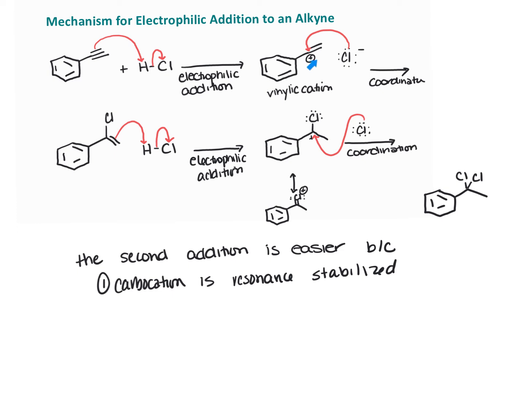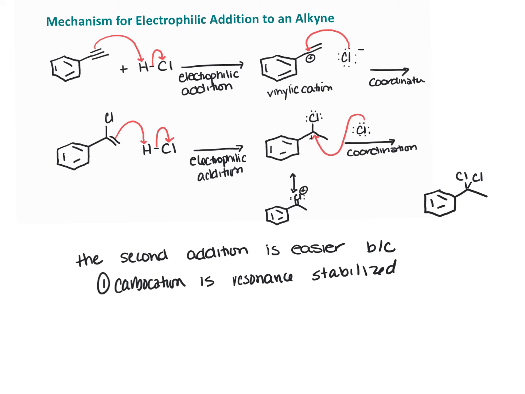And so it's going to handle that positive charge a little bit better here. So that makes it favorable. That's not necessarily the reason the second addition is easier, but it is one of the reasons that this is a favorable reaction. So, two things help this be really favorable, but this addition is faster because the carbocation here is more stable and more resonance stabilized.